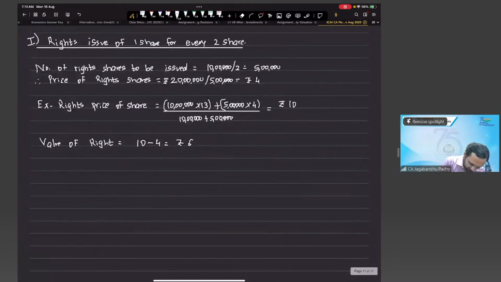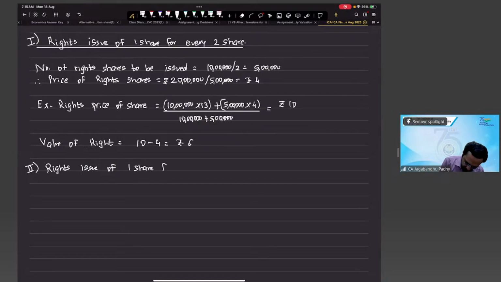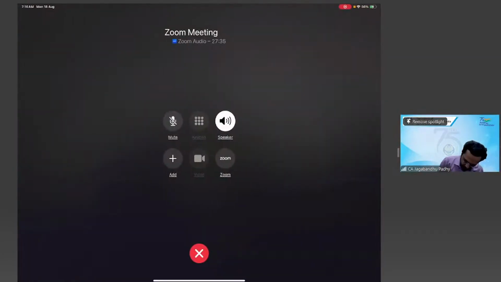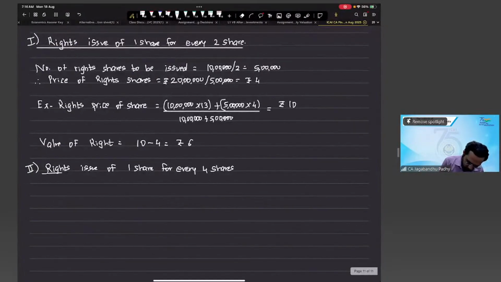Now similarly, we have a second case wherein we have a rights issue of one share for every 4 shares.